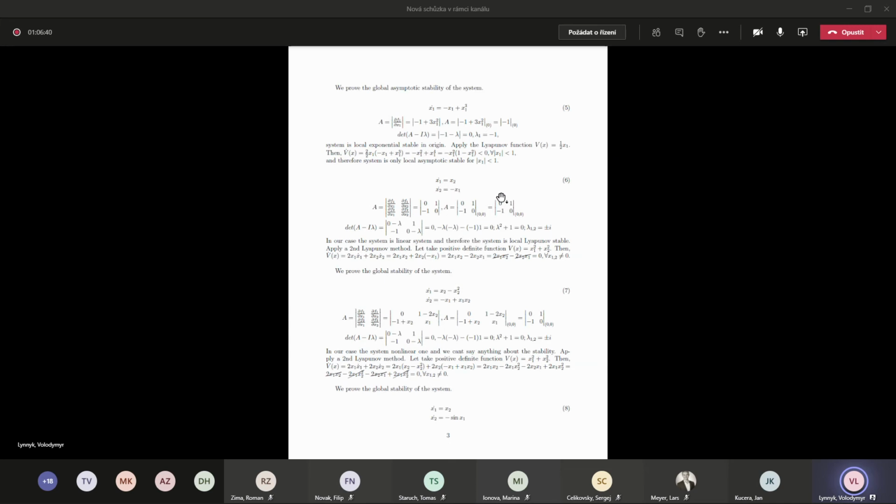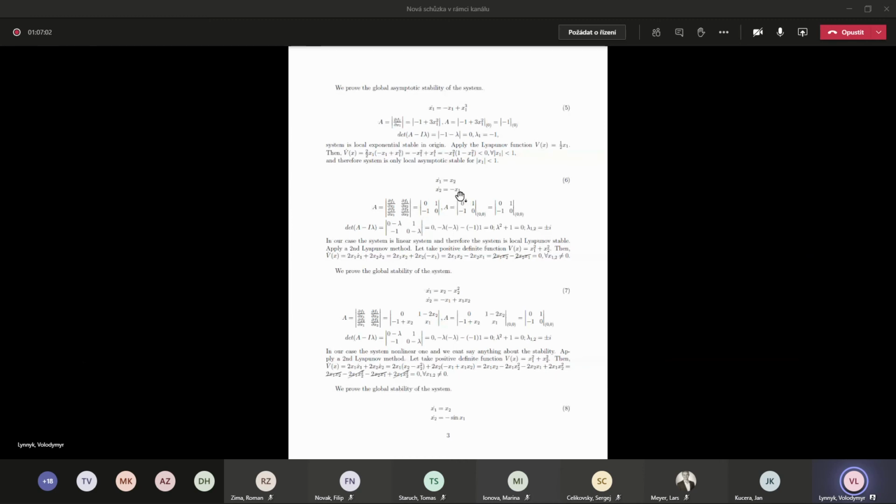In our case the system is a linear system, and therefore the system is local Lyapunov stable, but not only local but global, because it's only an approximation here, and there is only one equilibrium point here, 0, 0.